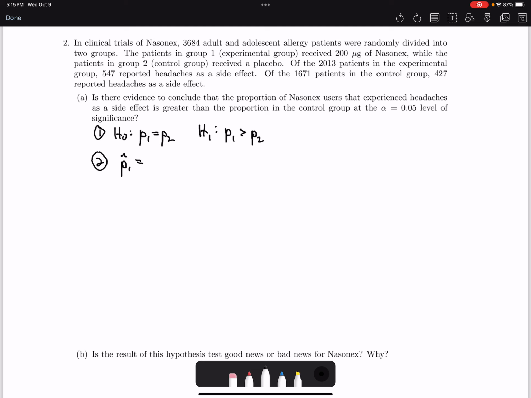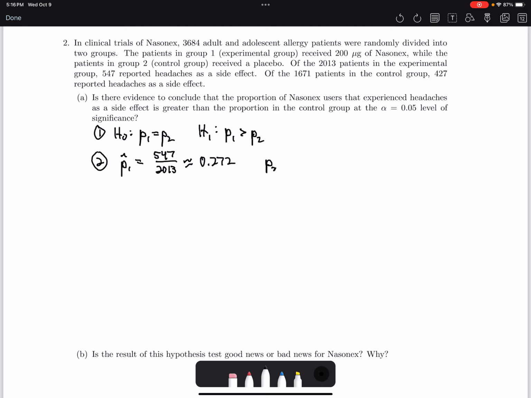In group 1, 547 out of 2,013 patients experienced a headache. So you can punch that into your calculator. That's approximately 0.272. So about 27% of people in the experimental group.